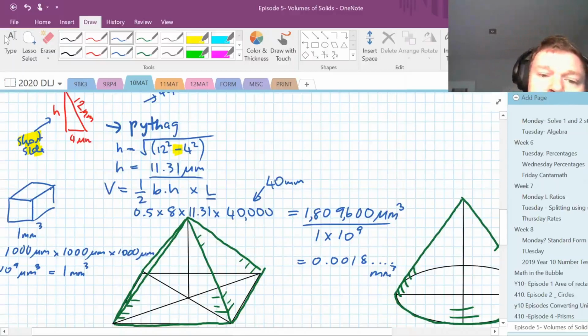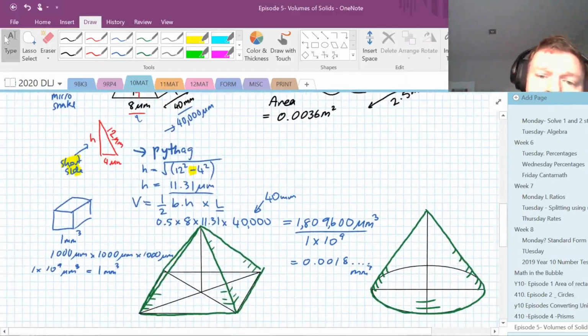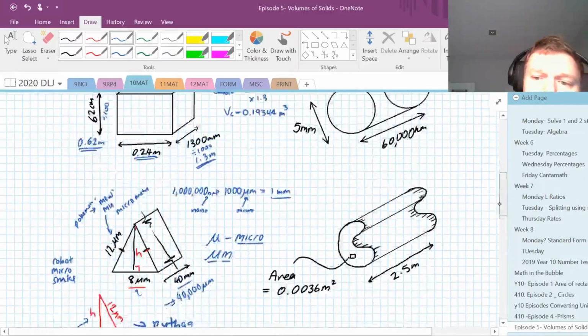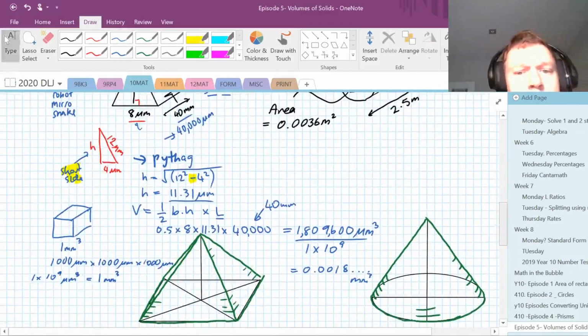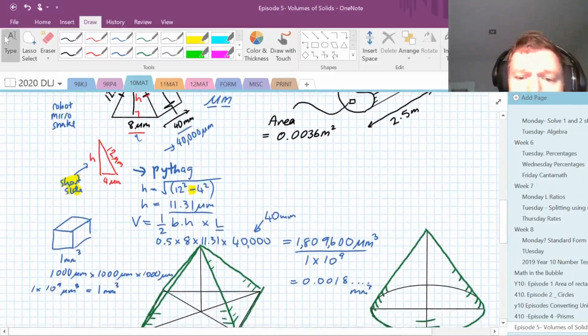So this robot microsnake is actually a very, very tiny volume. Maybe that'd probably be like a grain of salt.